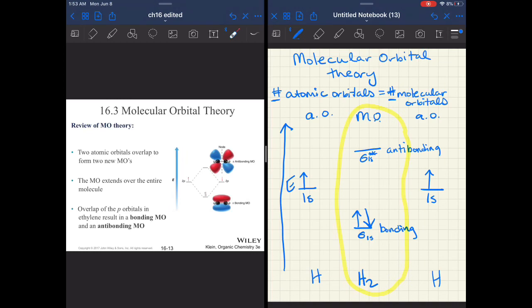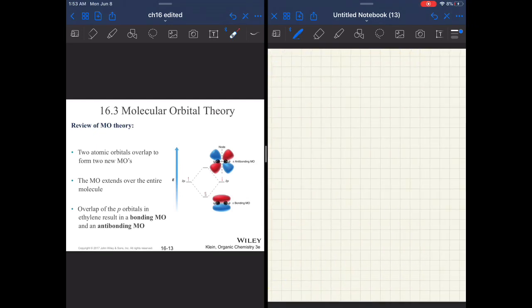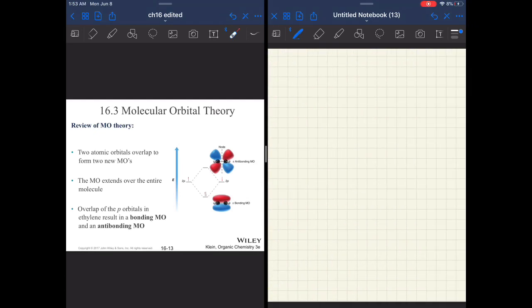Now, what we're going to look at, we're not going to be thinking about every single orbital that is present in an atom or even in a molecule. We're going to be focusing on the pi bonds, right? And pi bonds come from two different p orbitals. Now here they're blue and red. If I draw them, I might just fill one side in. Now, if the two sides that are the same color come together, that's like the constructive overlap. They blend together and you get a bonding orbital like you see down here.